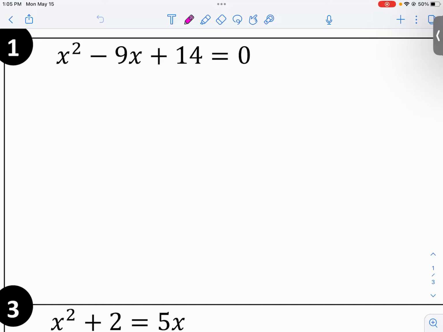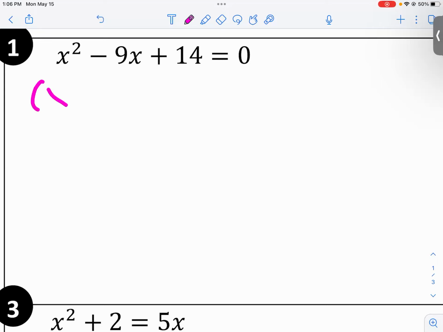Okay. So if we were going to factor, we would want to quickly think about, do we have 2 numbers that multiply to 14 and add to -9? Do you have a suggestion? But I don't agree with +2 and +7.